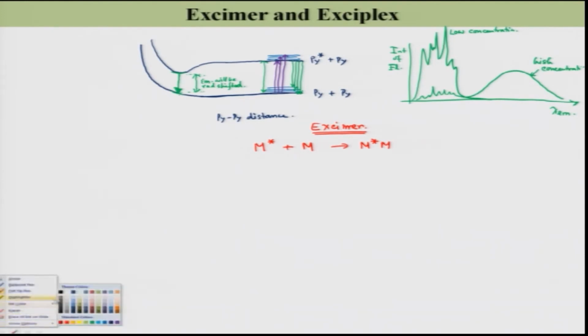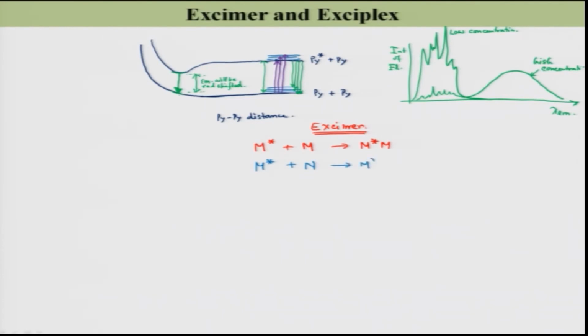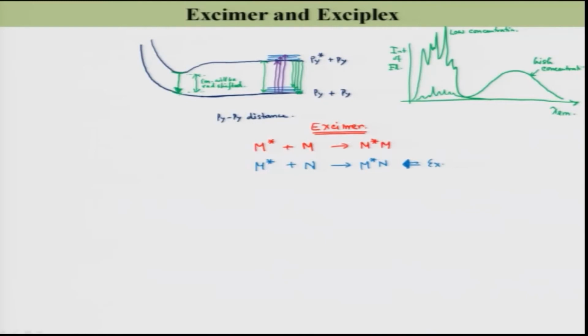Sometimes it is also possible that the molecule in the excited state, M star, is interacting with a different type of molecule, not M but N, and this interaction is favorable, which leads to the formation of M star N. This is not a dimer, because here is M and here is N, so they are not the same. This type of case is a complex formation between M and N, but this complex is formed only in the excited state. So this is known as an exciplex.